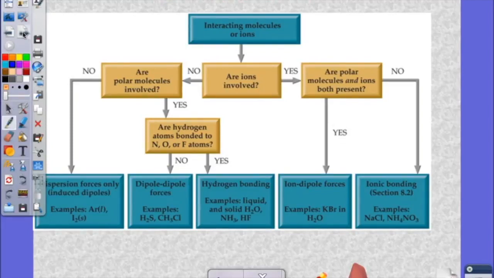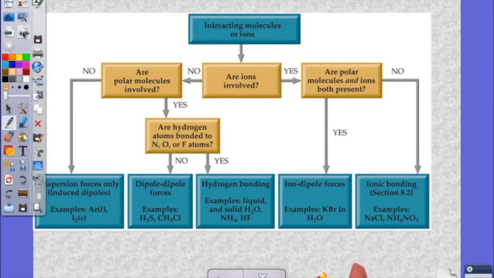The London dispersion exists in all the others, but non-polar molecules have only London dispersion. Second type, dipole-dipole. They exist between polar molecules, so polar molecules have dipole-dipole and London dispersion.